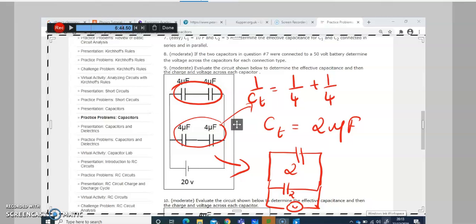So as you know, in a parallel circuit, when the total voltage is 20 volt, it's going to be the same across these two terminals and these two terminals. So it's going to be 20 here and here, and we have solved these two capacitors into one total equivalent effective capacitor, which is this one.